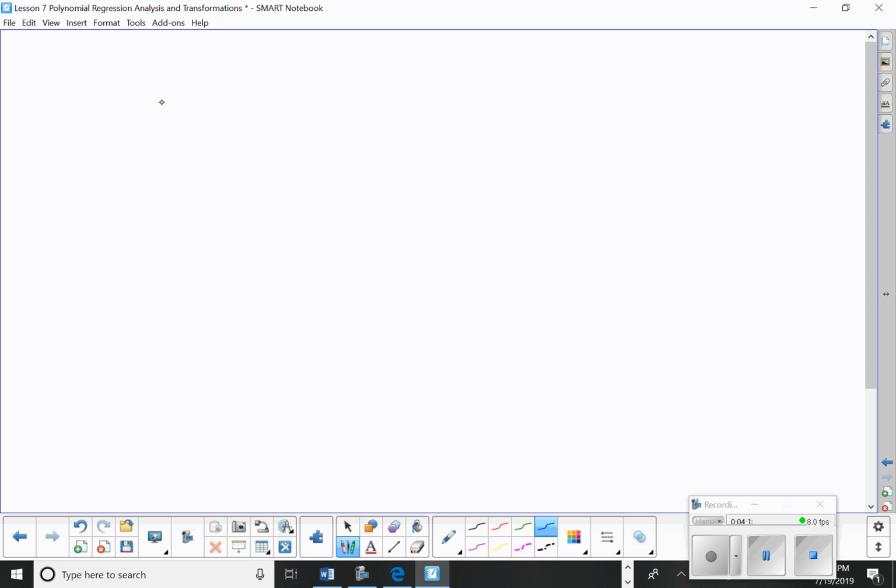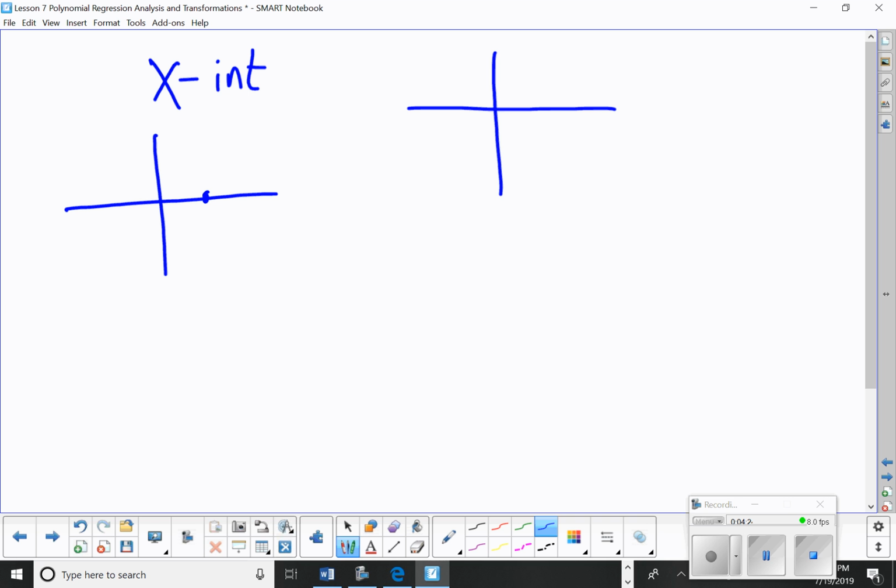The one other thing I did want to mention to you is x and y intercepts. Remember that to find an x-intercept, think about an x-intercept is here, which means that y is 0. So set y to 0, solve for x.